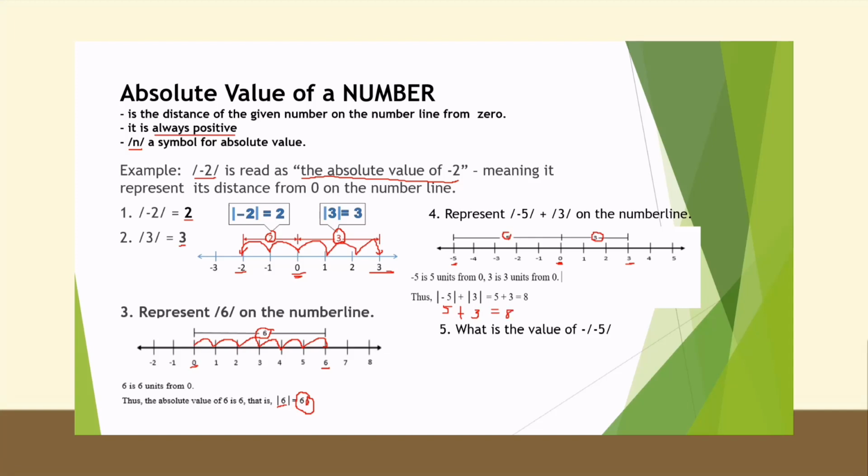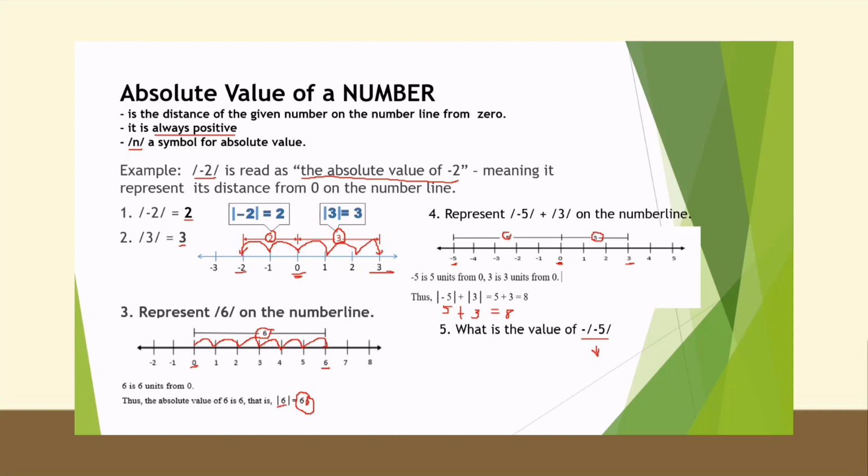Next, number 5. What is the value of negative times the absolute value of negative 5? When a negative sign appears before the absolute value sign, first get the distance, or the absolute value, of negative 5. That is from 0 to negative 5.